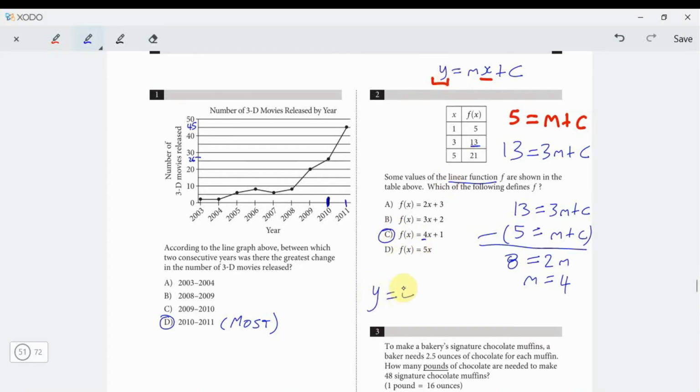Y would be 4x plus 1. In this option, when you put x as 1, 4 times 1 is 4 plus 1, gives you f of x to be 5. When you put x as 5, 4 times 5 is 20 plus 1 is 21. So that's why it's option C. Cool with that?